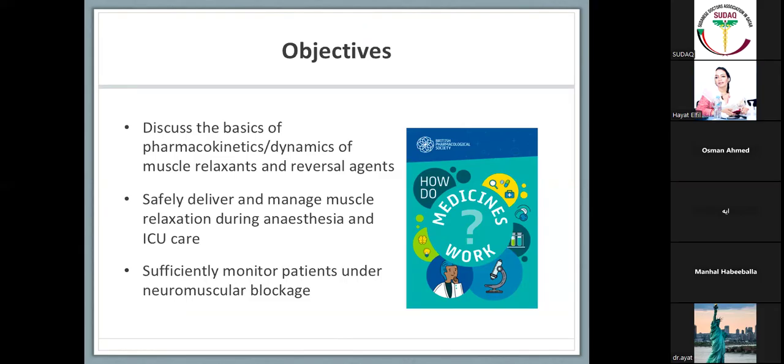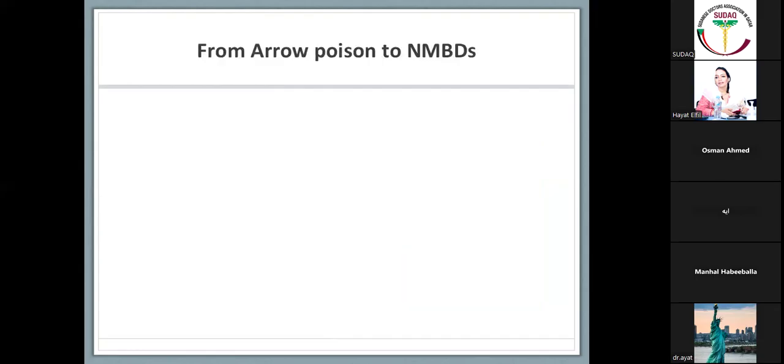And you will be able to sufficiently monitor patients and their neuromuscular blockage. So we will try to make it as digestible as possible for you to take a nice message home and make use of this 1 hour, inshallah.